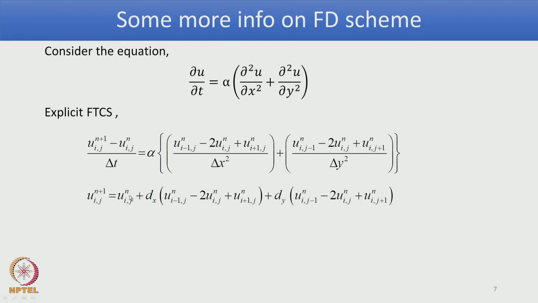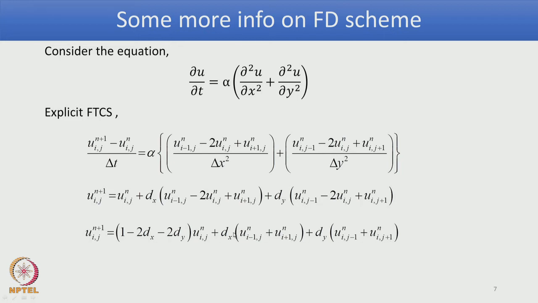So, u of i comma j n plus dx one set of terms plus dy another set of terms. You can rewrite it again, because you observe u of i comma j n appears in 2 other places. So, you bring all u i comma j n together, you will get a coefficient for u of i comma j n, and then u of i minus 1 j and u of i plus 1 j and the remaining terms.